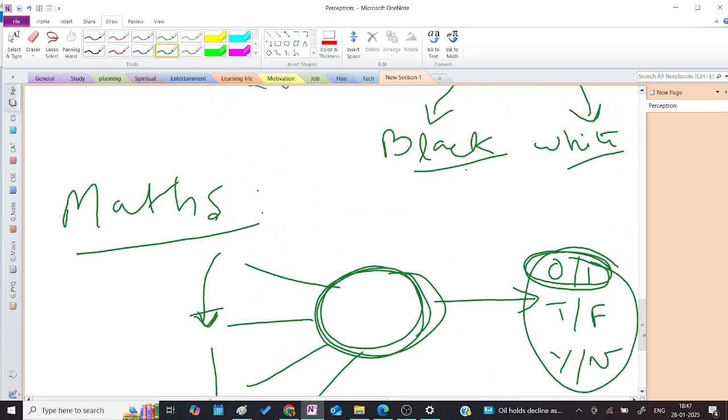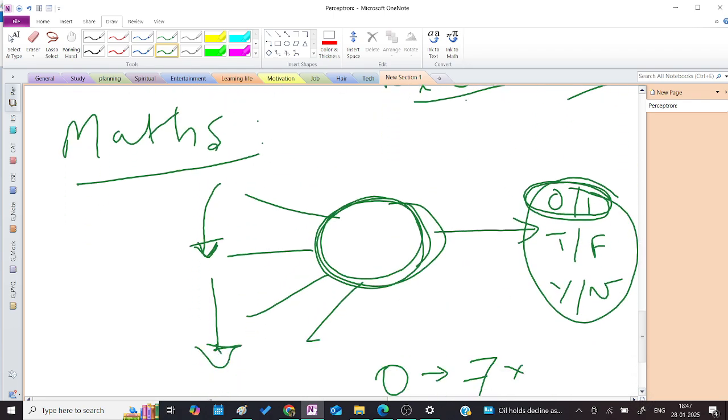So we are giving, suppose pixel 1, pixel 2, pixel 3, up to pixel 784 intensity values to this perceptron.